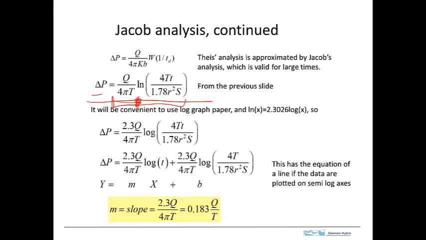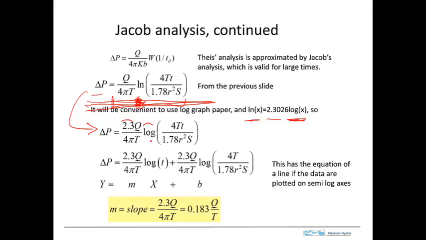So we want to switch this from a natural log to base 10, and the natural log is equal to 2.3 and change times the base 10 log. So this can be changed to that, where we just change from a natural log to a base 10 log, and the only difference is that we pick up this factor of 2.3. That's pretty straightforward.